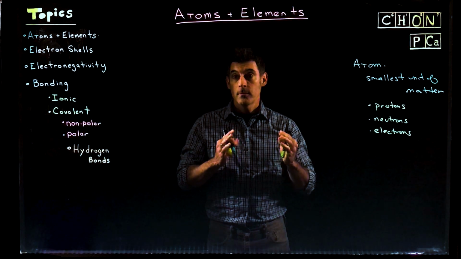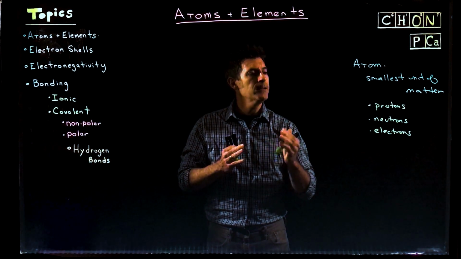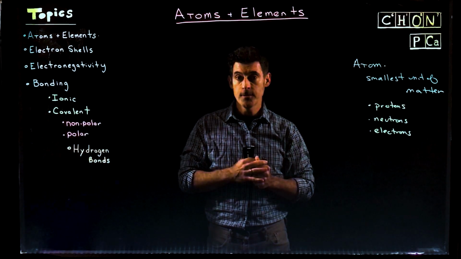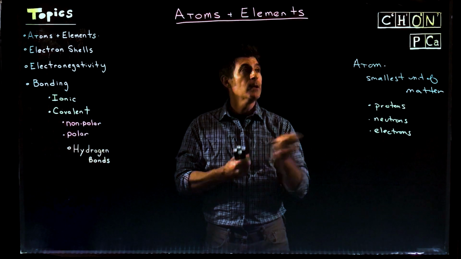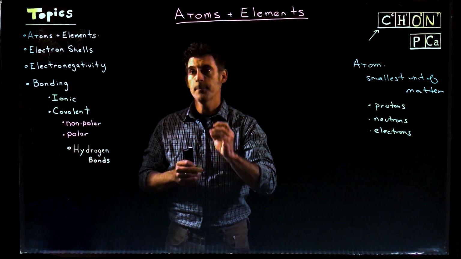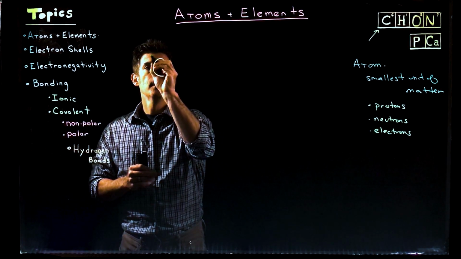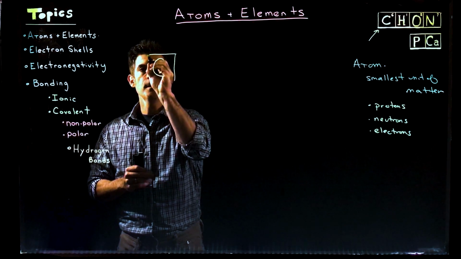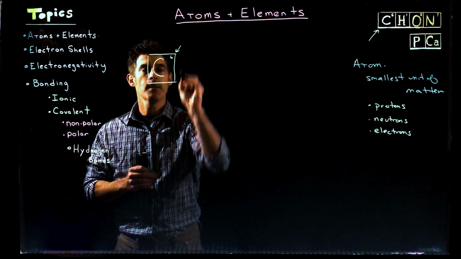Now, as far as our study of chemistry in a biology course, we're going to find that some of these things are going to be of more concern to us than others. When we read a periodic table and look at a particular element, let's say carbon, for example, you're going to see the number 6 up top here.